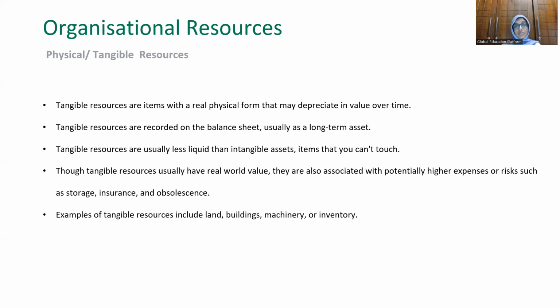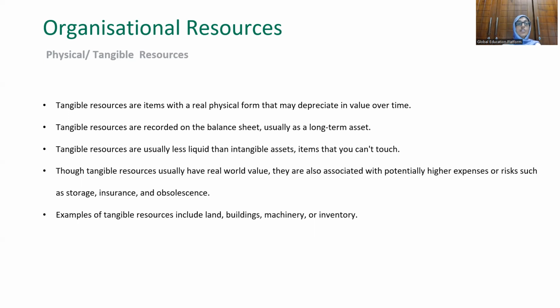So those non-current assets are basically physical form or tangible resources. Now, tangible resources are recorded on the balance sheet usually as a long-term asset. As I mentioned, the non-current assets, which are buildings or even any type of machinery in a company. And also the tangible resources are usually less liquid than these intangible assets that we are talking about.